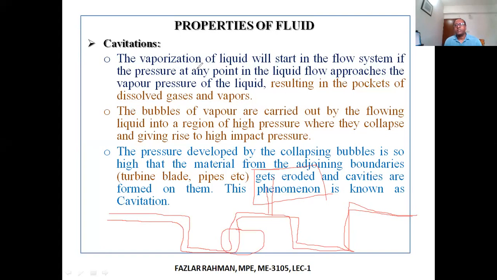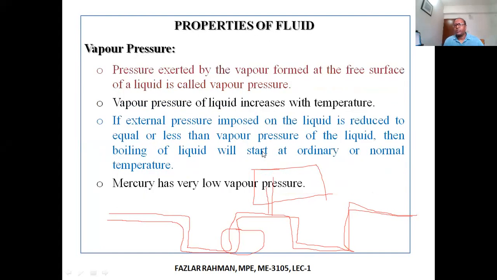You know the vapor pressure of the liquid. You know that if you like to boil water at the top of a hill, it will boil quickly and at low temperature, because at the top of the hill atmospheric pressure is less than at the bottom of the hill.